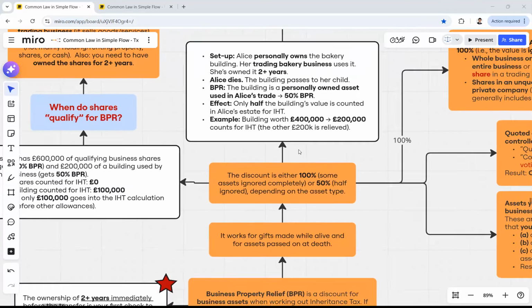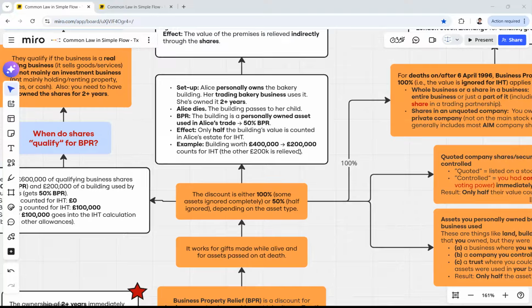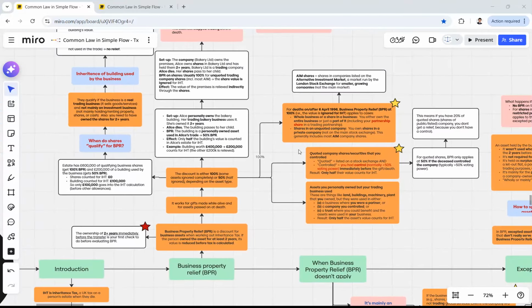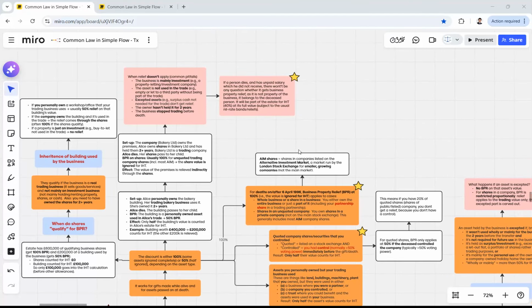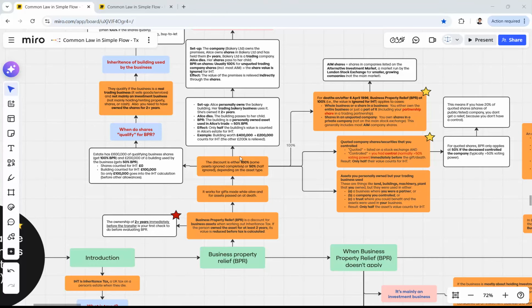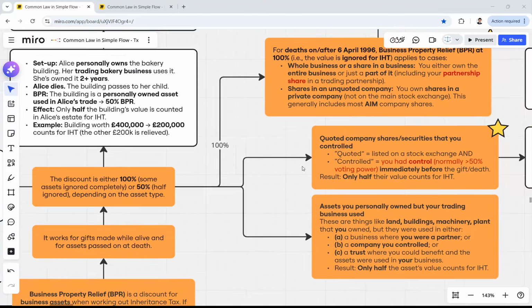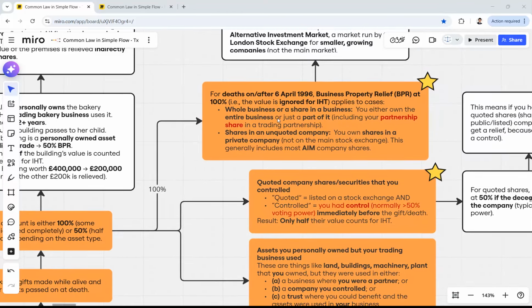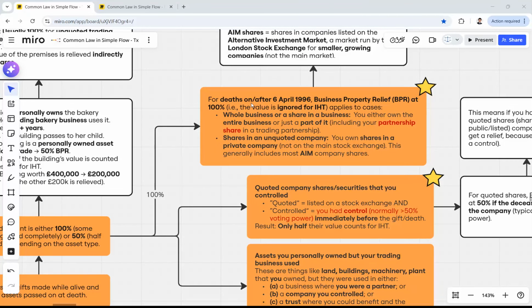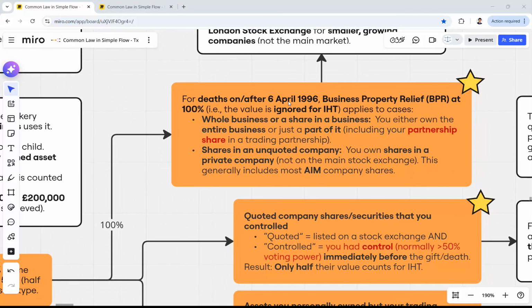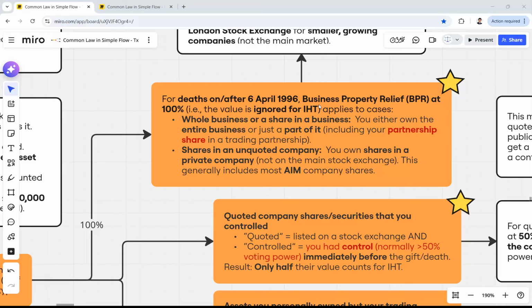Now let's go back to the source and let's probably go to the right. Start with this 100%. For deaths on or after 6th of April 1996, business property relief at 100% applies to cases.